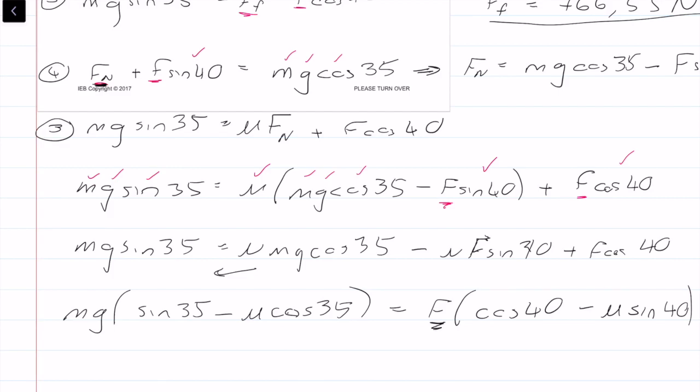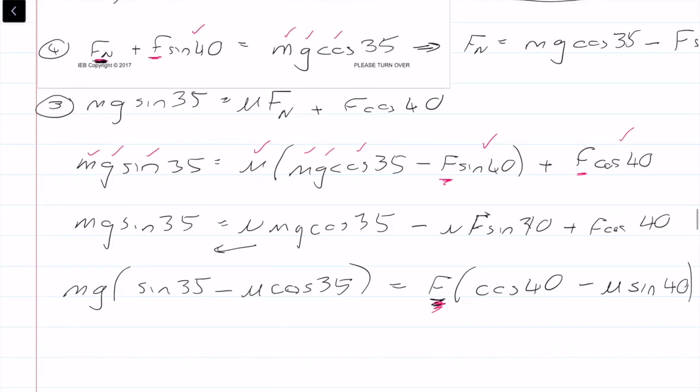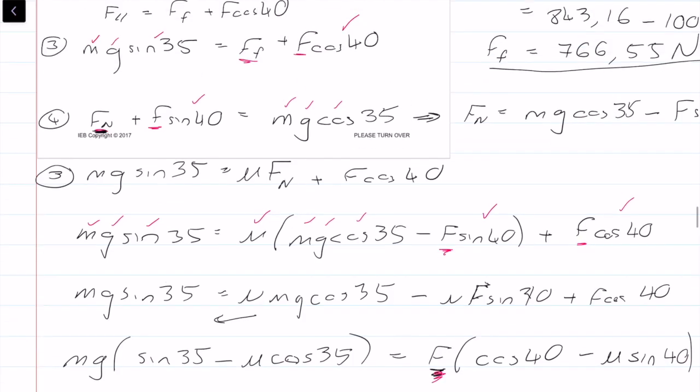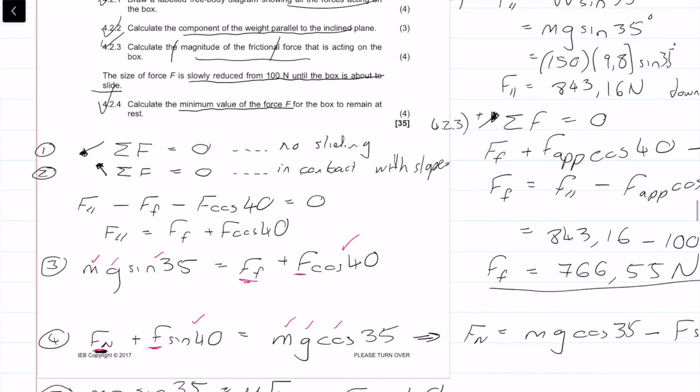Cool. Now we have one unknown. These are all known values, so we can just solve for F, and we get that F is equal to 0.79 newtons. Quite a lot of work for that question, considering it's only worth 4 marks. But basically, once you get equations 3 and 4, everything else is just maths and manipulating equations.